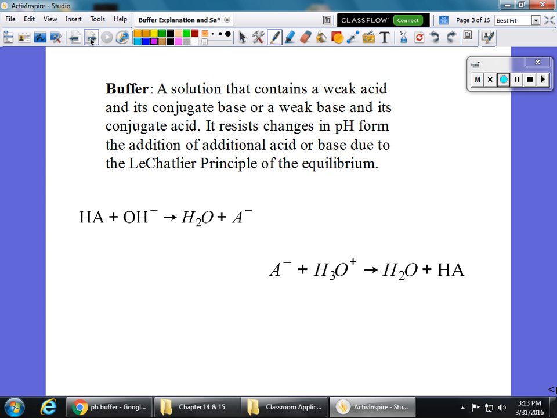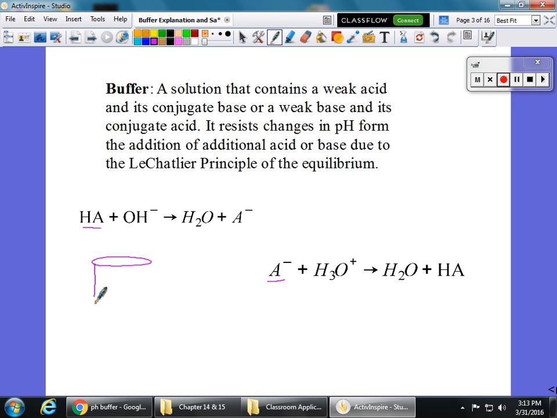So when we talk about a buffer, we're saying it's a solution that contains a weak acid and its conjugate base, or a weak base and its conjugate acid. It resists changes from the addition of strong acid or strong base because of Le Chatelier's principle.